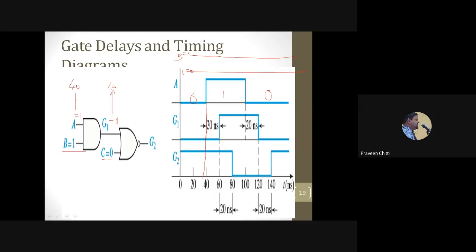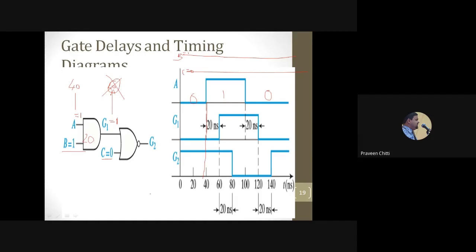But it will not change at 40. Why? Because this gate has a propagation delay of 20 nanoseconds.